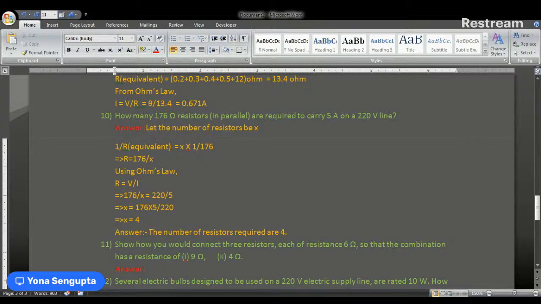Now if the third resistor of 6 ohm and this 3 ohm are connected in series, it becomes 6 ohm plus 3 ohm, which gives us 9 ohm.